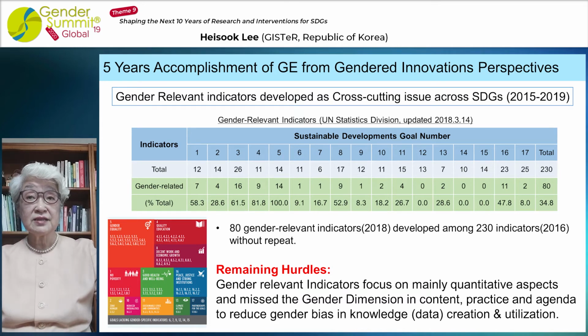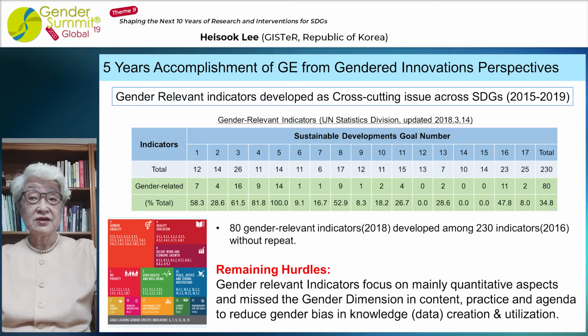As you can see in the table, most gender indicators pertain to people-related goals, SDG 1, 2, 3, 4, 5, including health, education, and gender equality. There is only one gender indicator in each of goals 6, 7, 9, and no gender indicator for goals 12, 14, and 15 relating to sustainable production, oceans, and biodiversity.